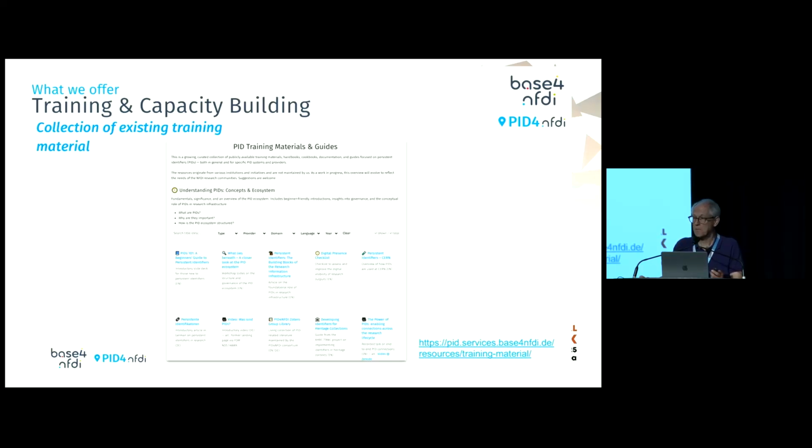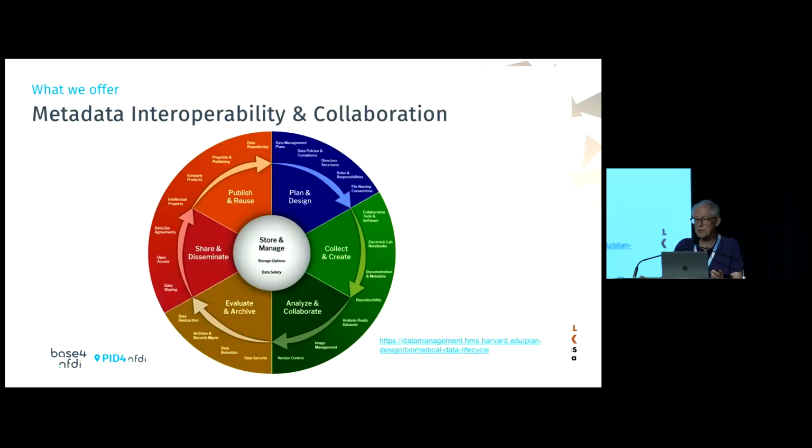And in fact, there was a workshop in Berlin 3 weeks ago, I think, which I attended, which was very interesting, which was really focused on the third thing that they're doing, which is metadata interoperability and collaboration. So as Sara says, let's now move from policy to practice.